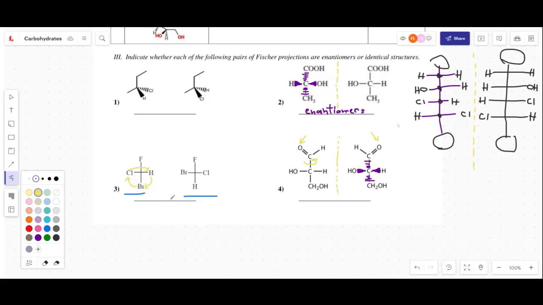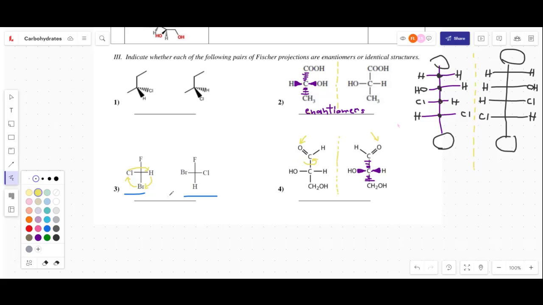Now you can only rotate 3. You can either hold the top constant and rotate the bottom 3 clockwise or counterclockwise, or you can hold the bottom constant and rotate the top 3 either clockwise or counterclockwise. That's the only way you can rotate these.